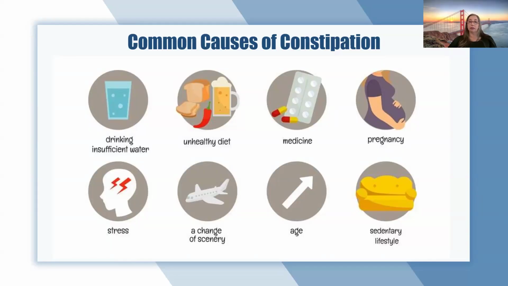Maybe they are bedbound. People who have immobility like that are not going to be able to take advantage of the exercise and activity to help them have a bowel movement. So it is one thing to consider as being a risk factor for constipation.